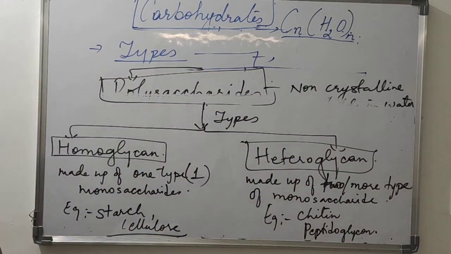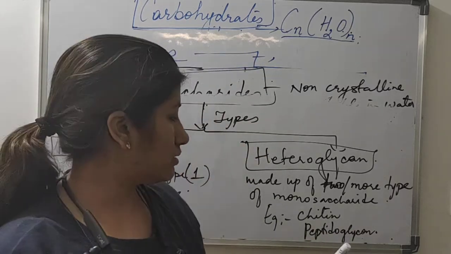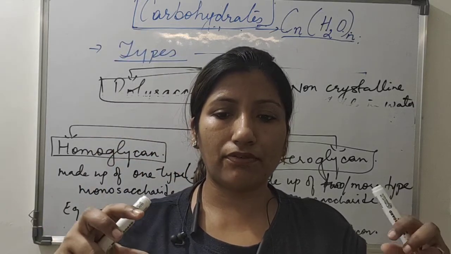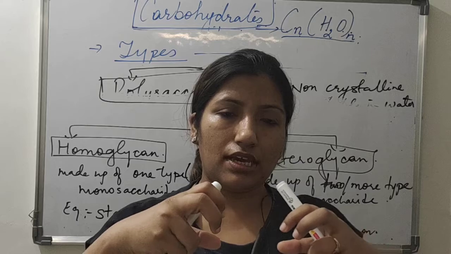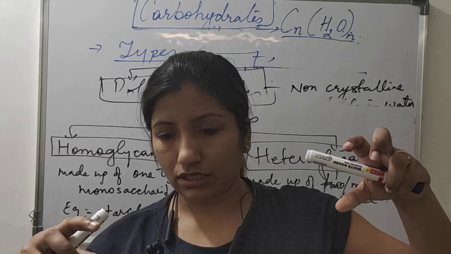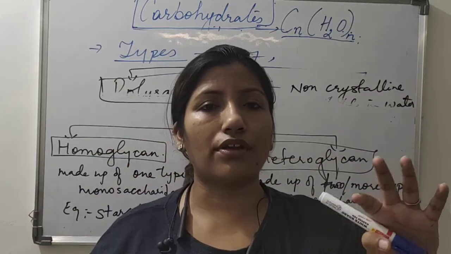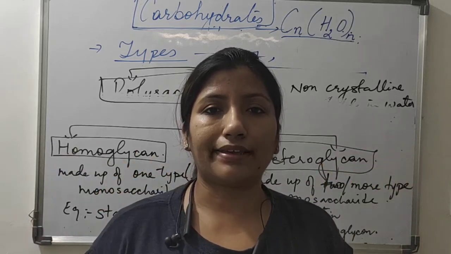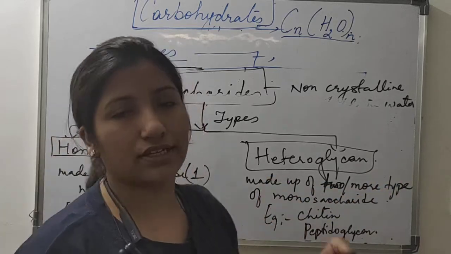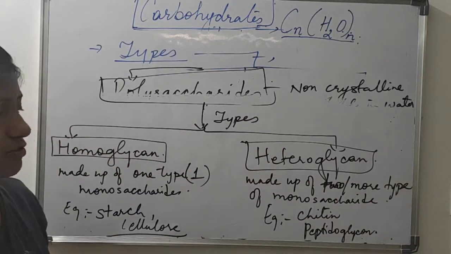These are examples where different types of monosaccharides join together. For example, a heteroglycan can be made up of 5 fructose, 5 glucose, and 5 triose. When there are two or more types of monosaccharides, then that is heteroglycan.